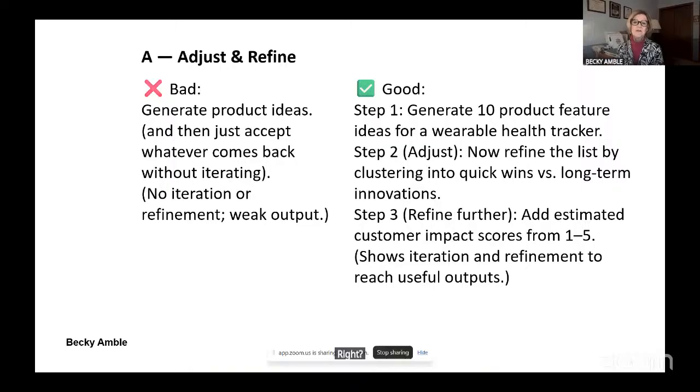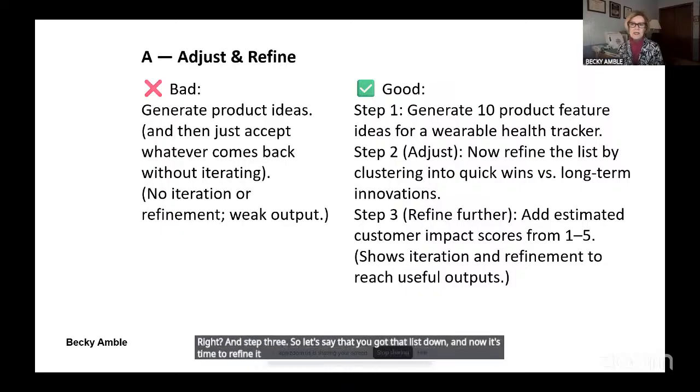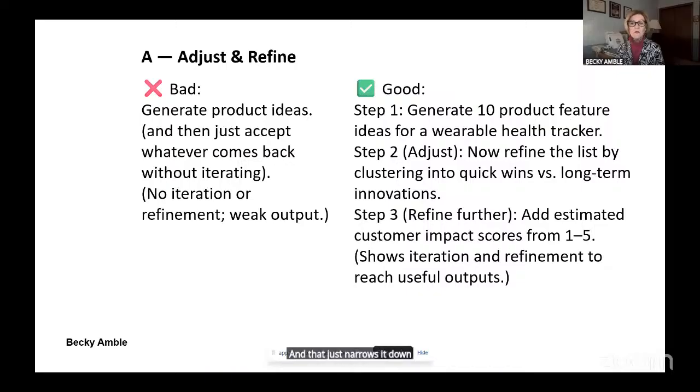And step 3. Let's say you got that list down and now it's time to narrow it down even further. In this case, we've said add some estimated customer impact scores from 1 to 5. That just narrows it down, and now you've got a little bit more specific information.